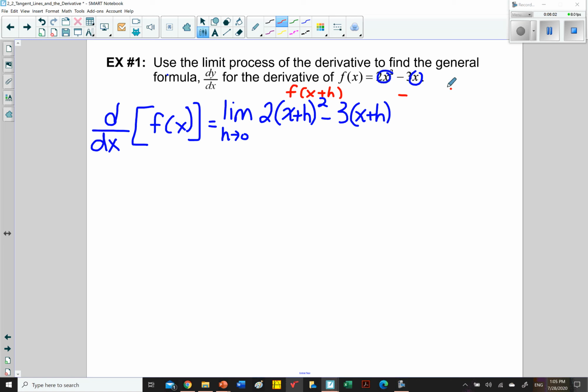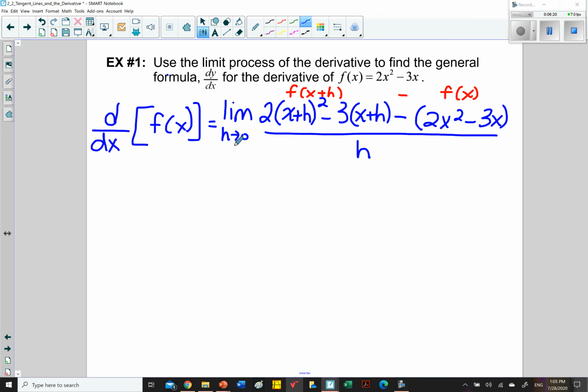And then we want to subtract the f of x, which is just the original function, 2x squared minus 3x. So we're going to subtract the entire function, 2x squared minus 3x, and then divide the entire thing by h. So we want h to go to 0 when we take the limit at the very end.